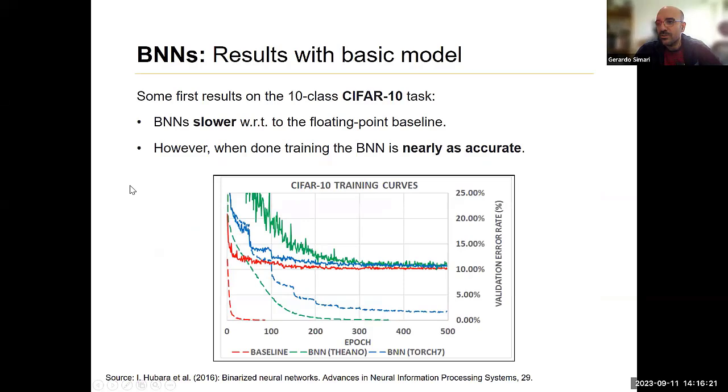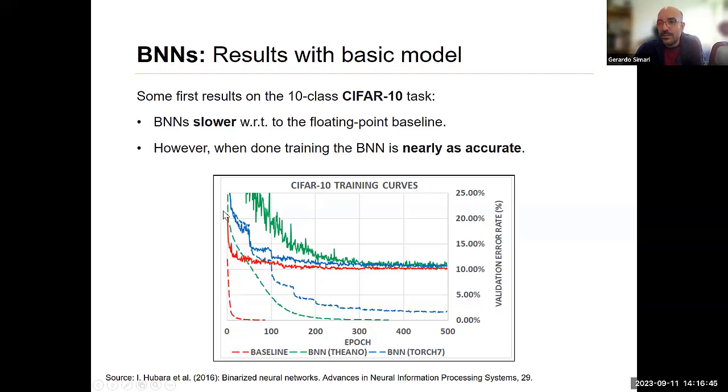So the results, this is perhaps the most impressive thing, apart from all that hardware stuff that I was talking about. Some first results, this is from the original paper in 2016. You can see just by looking at these loss curves that the BNNs are much slower to train.